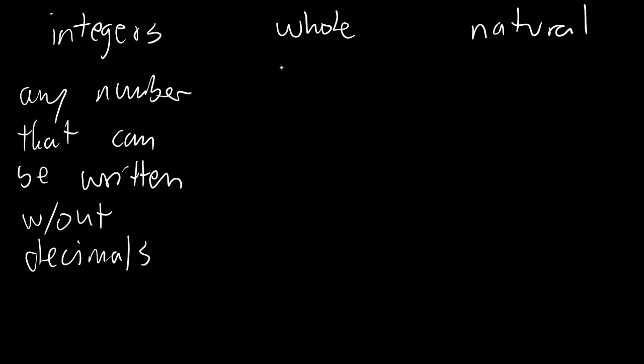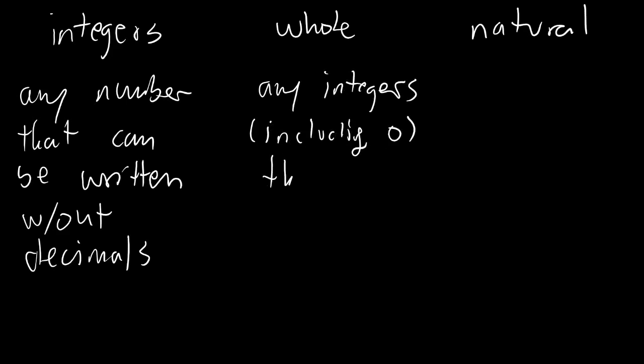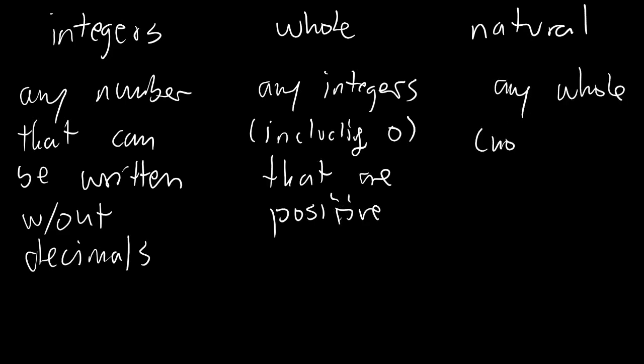Whole numbers are any integers, including 0, that are positive. And natural numbers are any whole number not including 0. So it might be a bit sloppy, but you can hear it and you can write it down. So I'll explain this now.